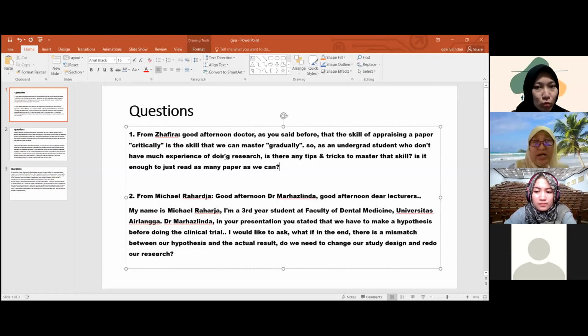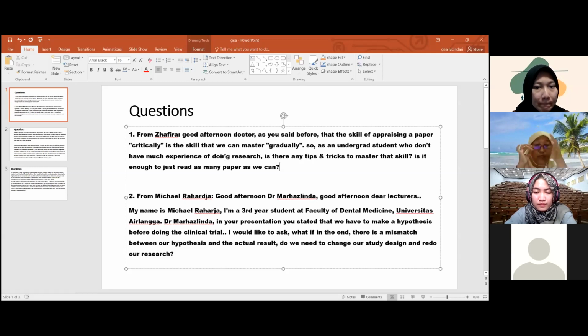If you want to see whether A is better than B, whether C is associated with D, whether E will lead to F, then a hypothesis is needed. Only studies with an element of comparison or association need a hypothesis.